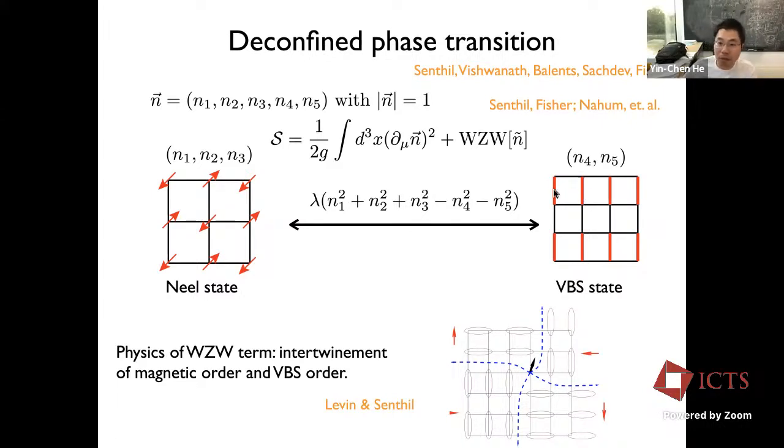That's how I get 2 components. And again, you can easily understand the physics of this Wess-Zumino-Witten term. As I said, it's an intertwinement between those 2 different orderings, the magnetic order and the valence bond solid order. The way to see it is to again draw the domain wall of the valence bond solid, as shown here, and in the center of the domain wall you will find a spin-1/2 trapped there. So this again nicely tells us about the physics of these nonlinear sigma models, as well as the deconfined criticality.